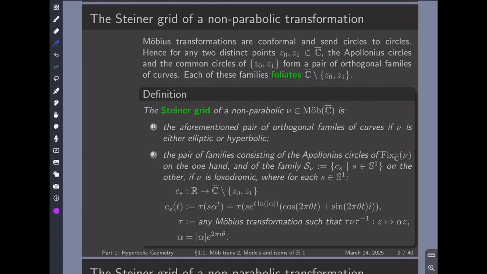So I take a non-parabolic transformation, not different from the identity, right? So non-parabolic.